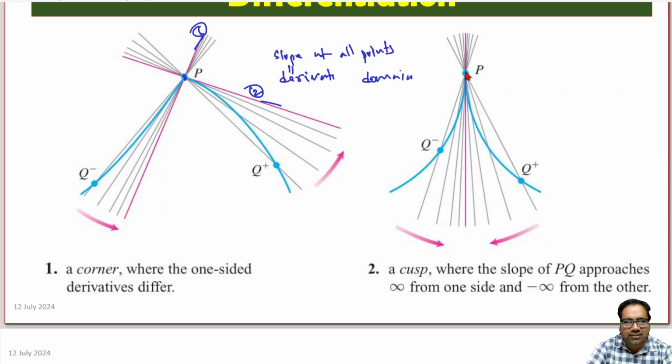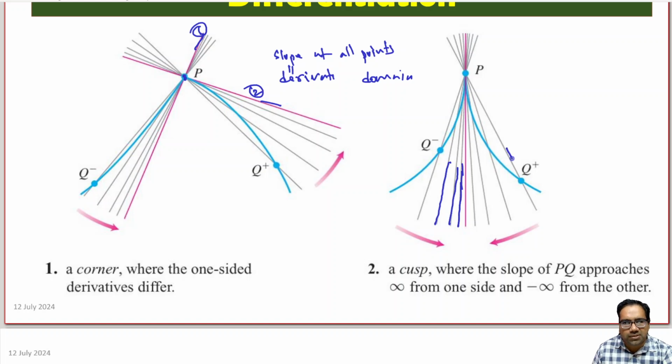Now let us take this example. In this example, if from one side you are approaching, you are getting plus infinity. These lines, the slope is positive, positive, positive. The line is getting straighter and straighter, and it is approaching infinity.